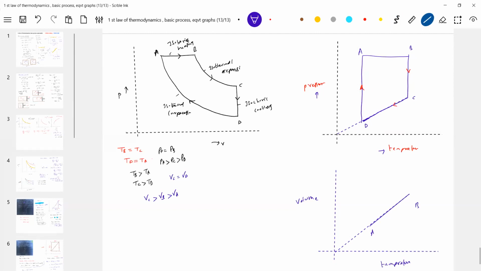So therefore the curve. What is CD? CD is an isochoric process, isochoric cooling, no? So temperature should decrease, volume constant. The curve will look like this. Then what is DA? DA is isothermal compression.